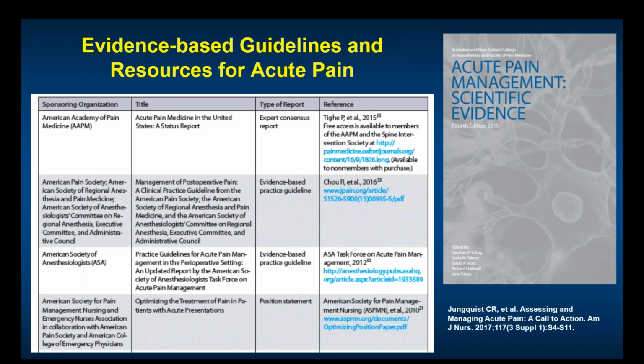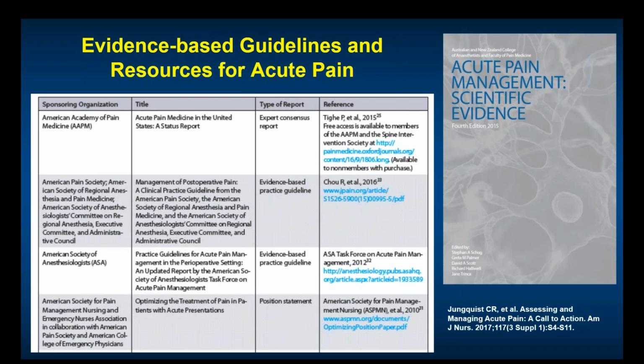But by far, this document, the Acute Pain Management Scientific Evidence by the Australian and New Zealand College of Anaesthetists and Faculty of Pain Medicine, is the most authoritative document. You can download it. It has levels of evidence for every single type of analgesic technique that you can think of for acute pain, and you can search it.